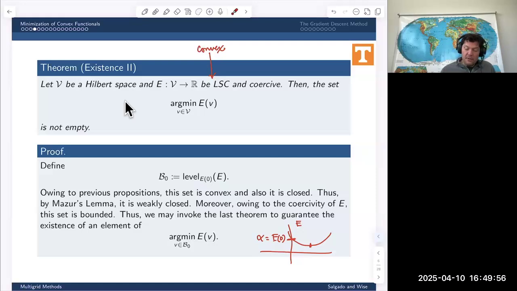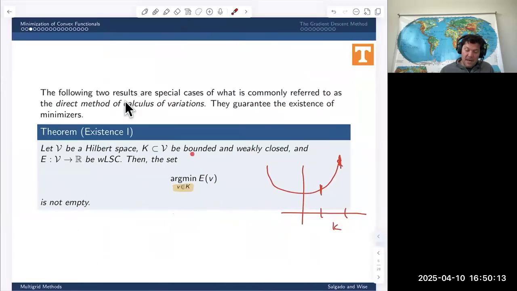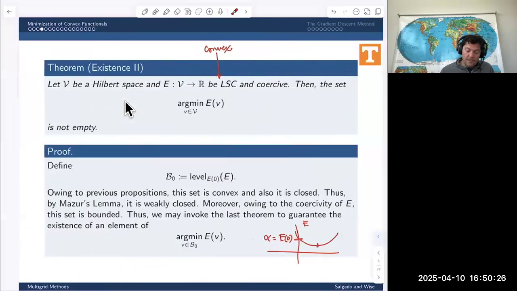All right. So now we're going to invoke the last theorem to guarantee the existence of an element from this set. The last theorem tells us, if you know something about this set, namely that it has to be bounded and weakly closed, and if E is weakly lower semi-continuous, then we have that.